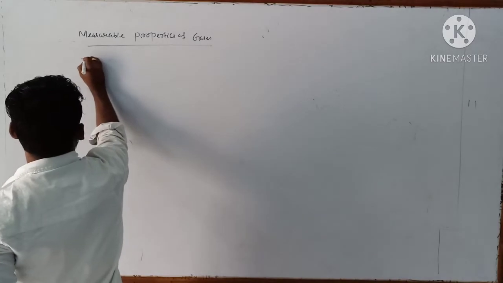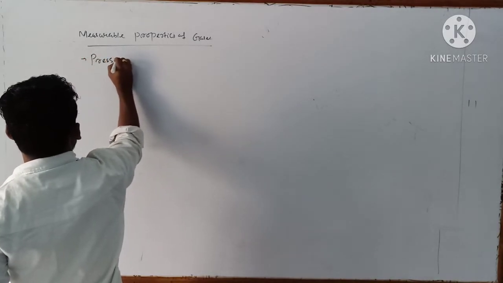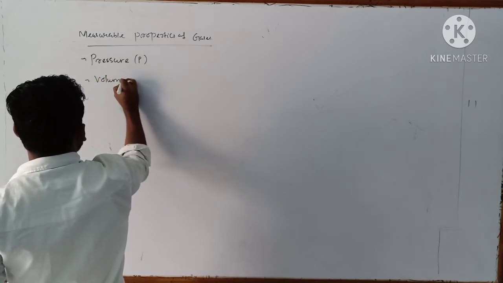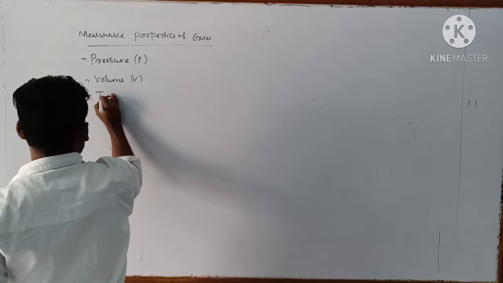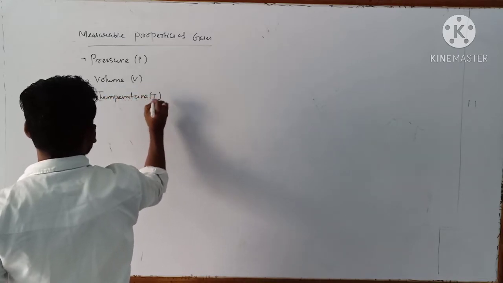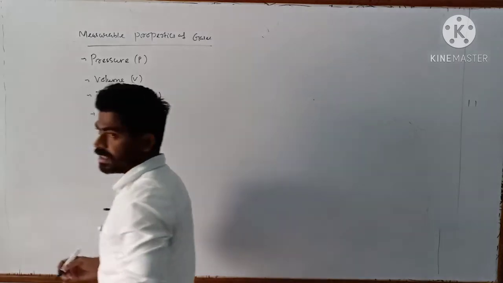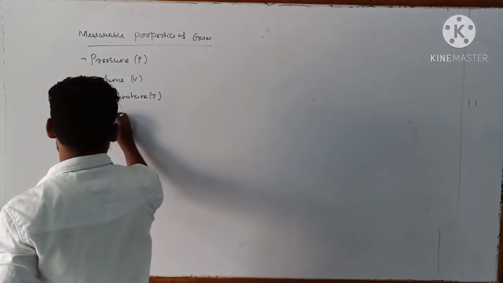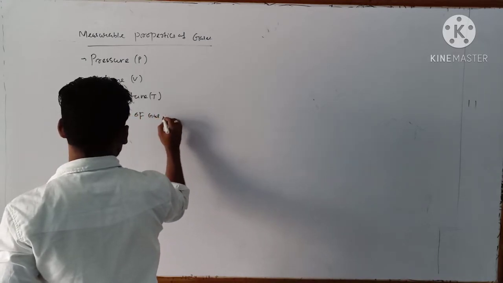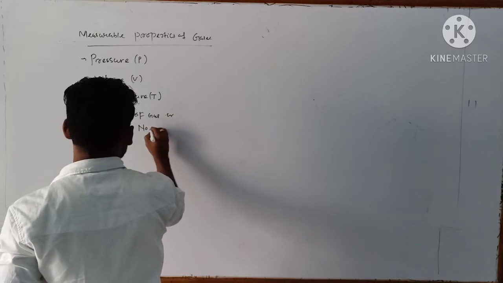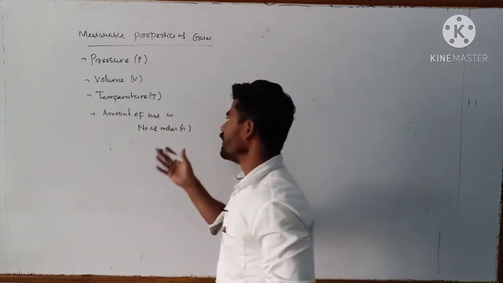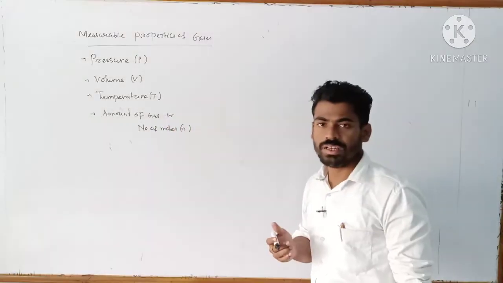These are pressure, P; volume, V; temperature, T; and finally the amount of gas, or you can say the number of moles, that is n. So we have to correlate among these four properties in gas laws.